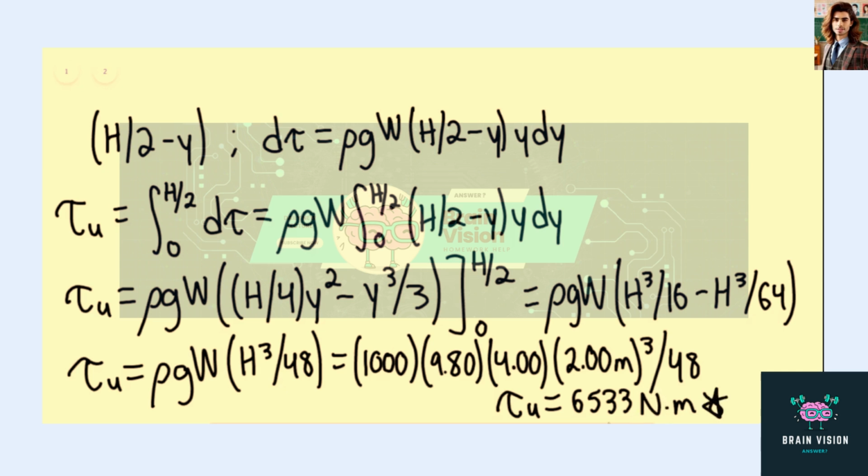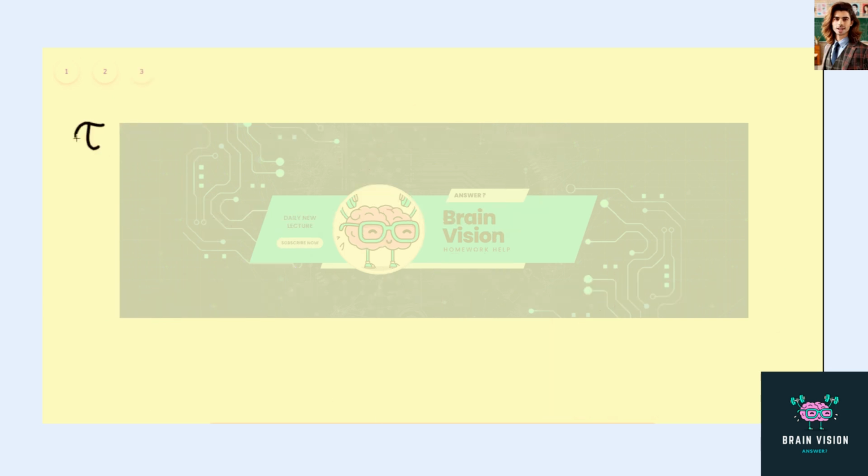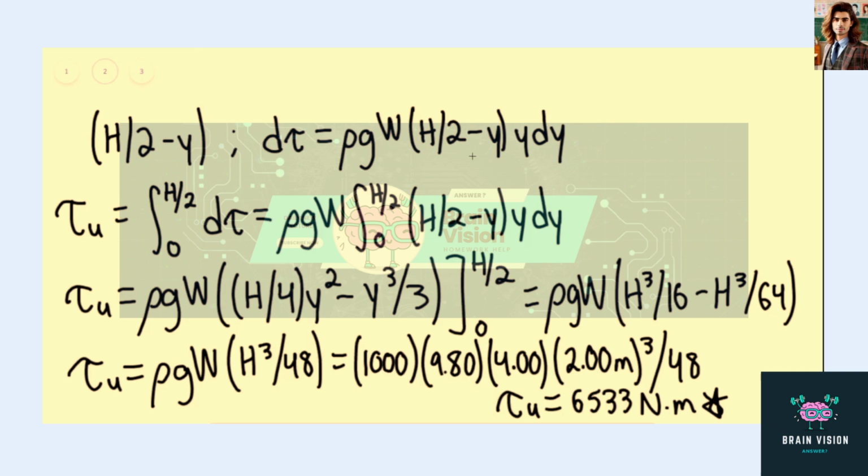And now we do the exact same thing, but for the lower half of the gate. Tau sub L would be essentially the exact same thing. However, now you consider a narrow strip on the lower half, and the depth of the strip is not h over 2 minus y.